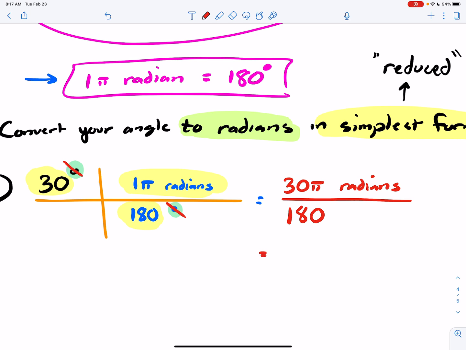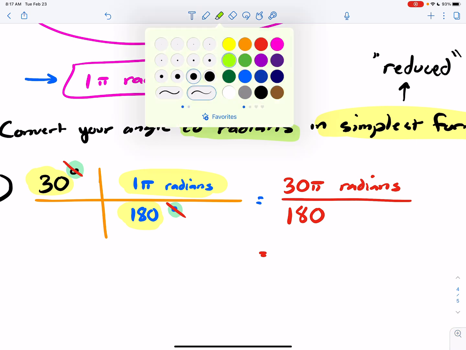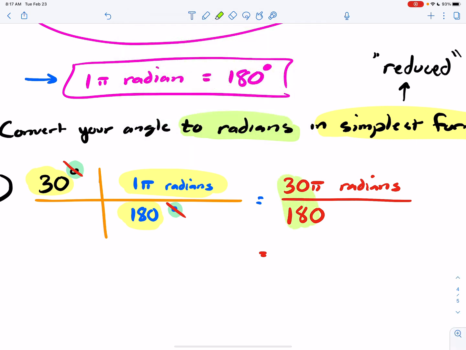All right? So here's the thing. That 30 and that 180 can actually reduce. Can you guys think of a number that we could divide both of these by so that we can reduce it? Their greatest common factor is actually 30. Now, if you guys said 10 or 5 or 6 or any other number, that's fine, but that's just going to require you to reduce some more, and I'll show you that.